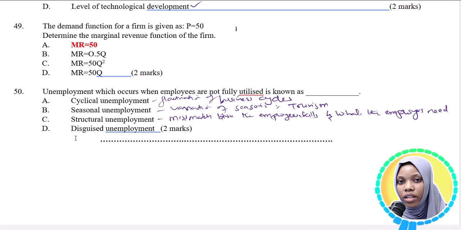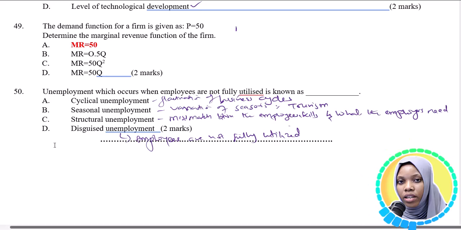And lastly, disguised unemployment. This is where employees are not fully utilized. So our best choice here should be choice D.